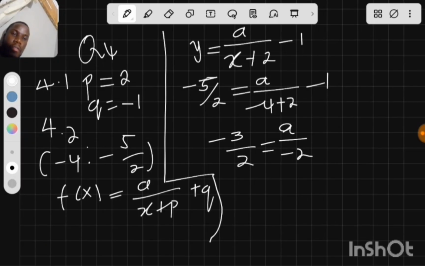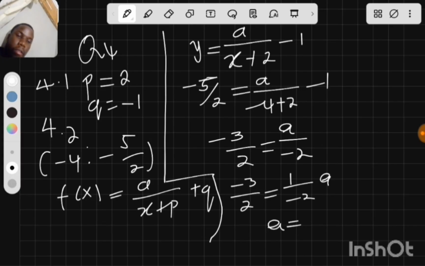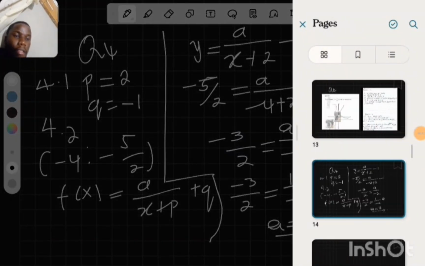Then minus 3 over 2 is equal to 1 over negative 2 times A, and A will be equal to minus 3 over 2 divided by minus 1 over 2, which is equal to 3. I hope you understand. It is simple.